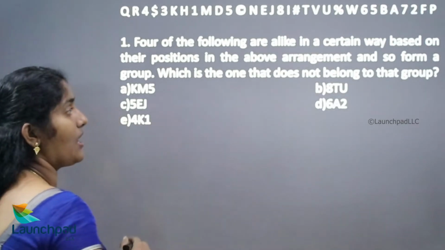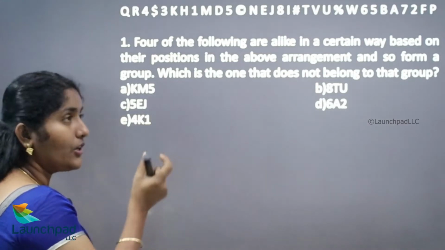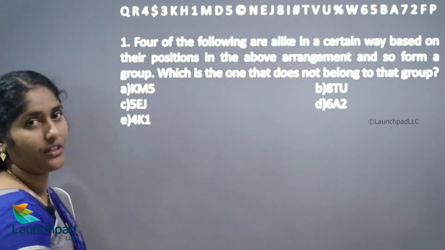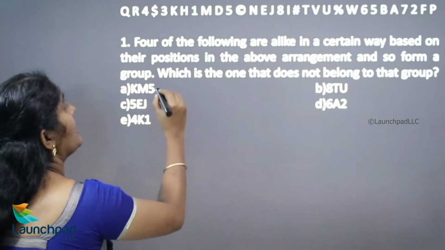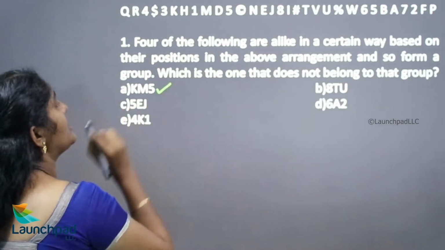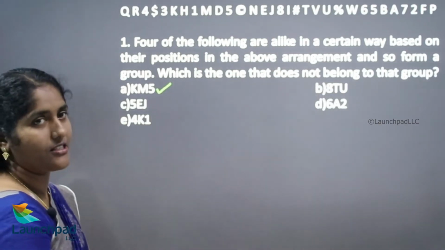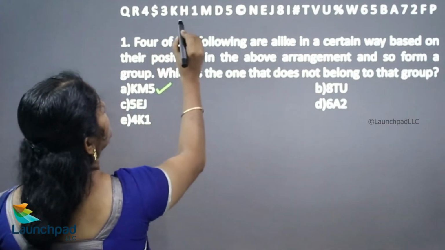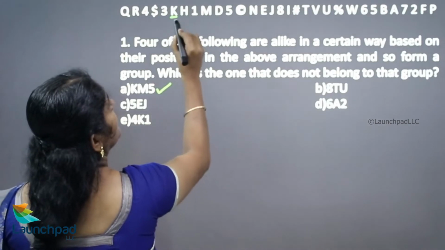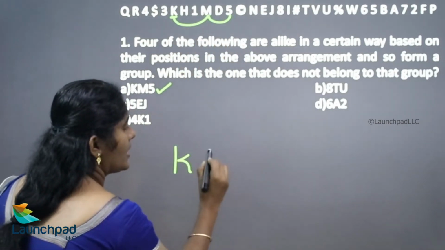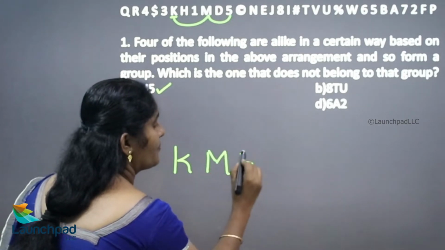First of all, we take the group of values, which is nothing but your options. KM5. First we need to identify what type of position this is. Here K, M, 5.